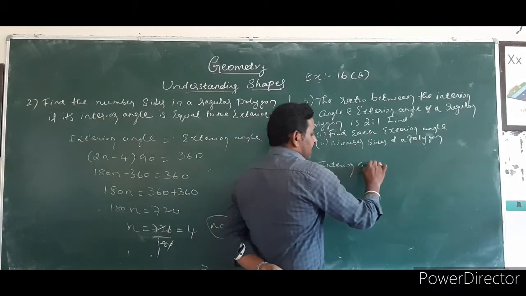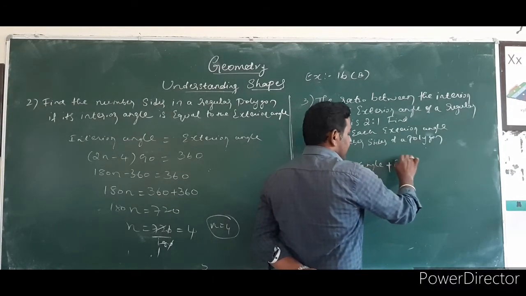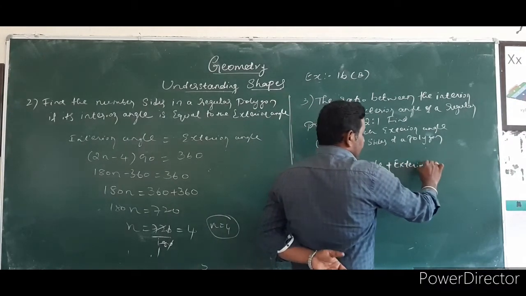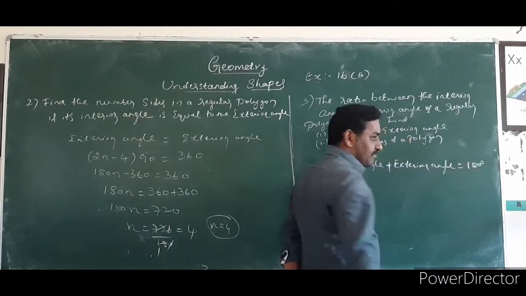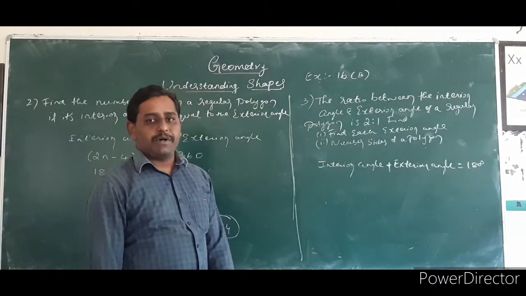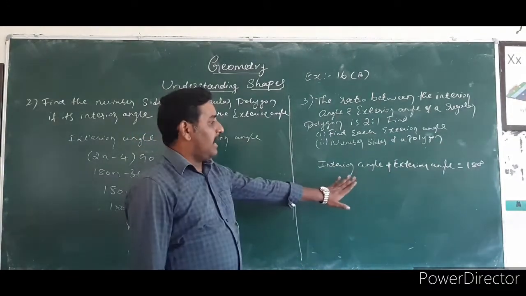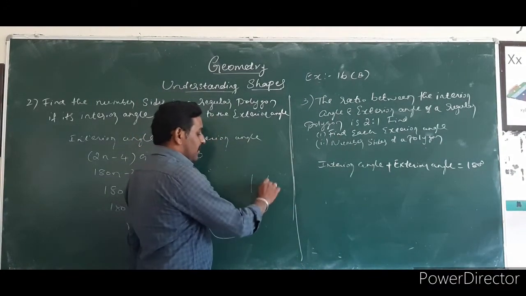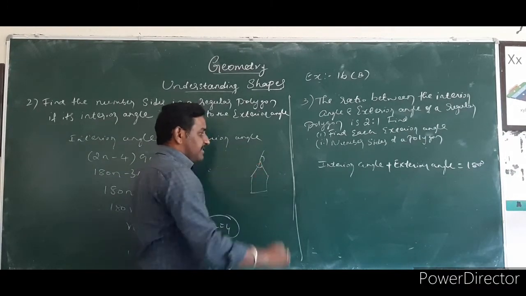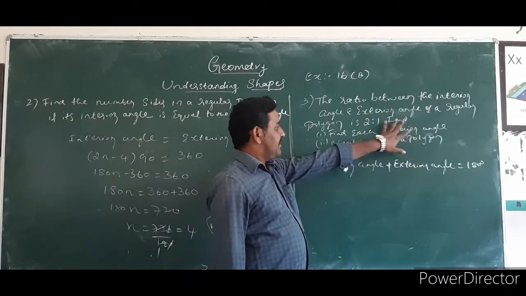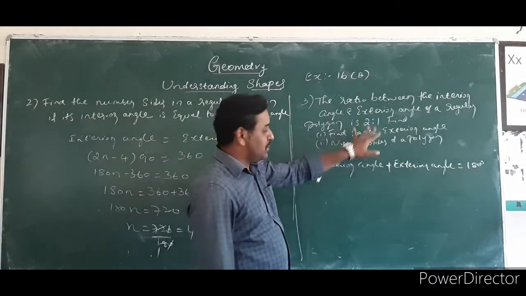Interior angle plus exterior angle is equal to how much? 180 degrees. I showed this in the beginning part of this class. For one polygon vertex, the exterior angle and interior angle sum to 180 degrees. They gave the ratio 2:1.